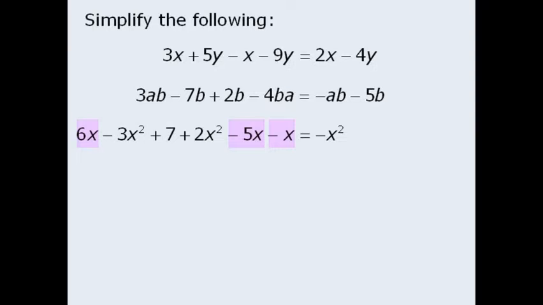In other words, the x terms here cancel out completely. Finally, we have this constant, plus 7, and since there are no other constants to combine this with, we will leave it as plus 7. So the somewhat lengthy expression on the left-hand side simplifies to be negative x squared plus 7.